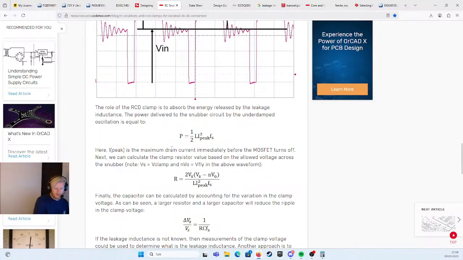Here the I peak is the maximum drain current immediately before the MOSFET turns off.